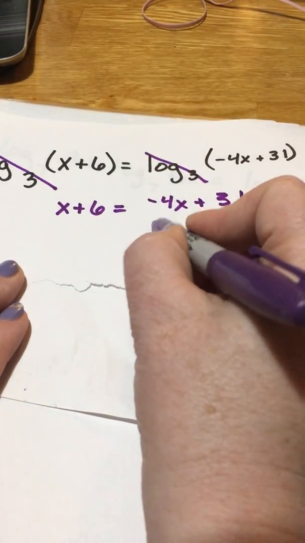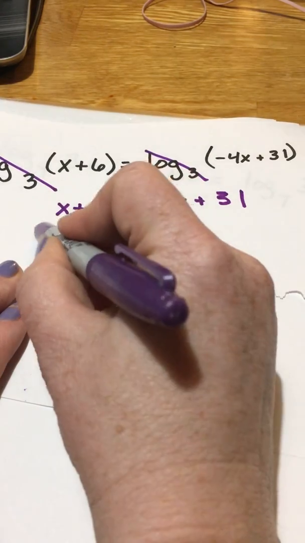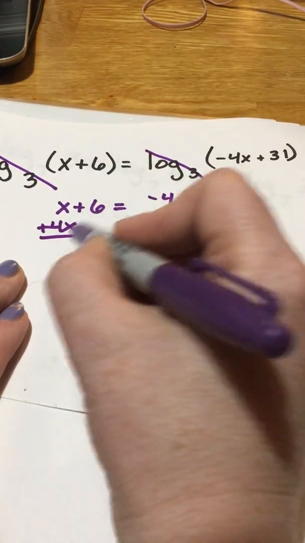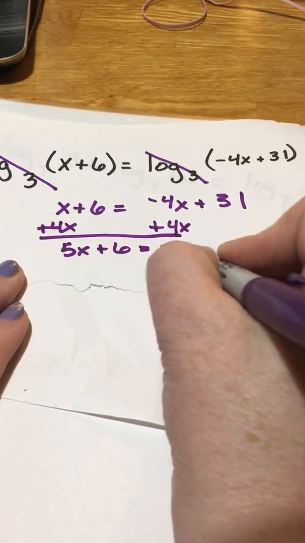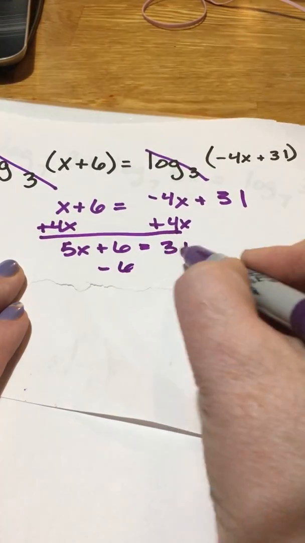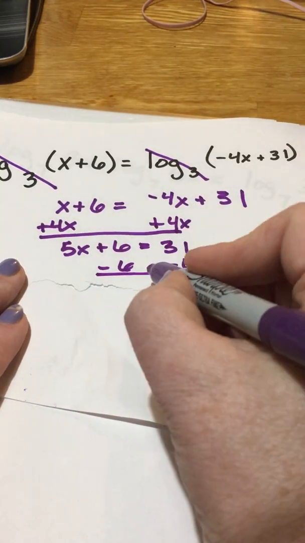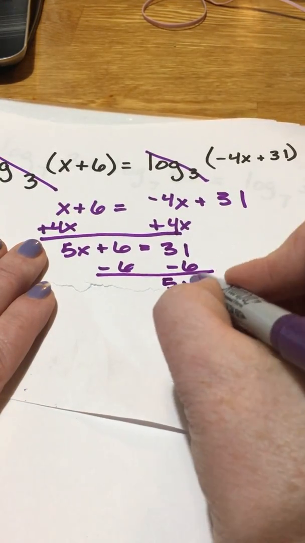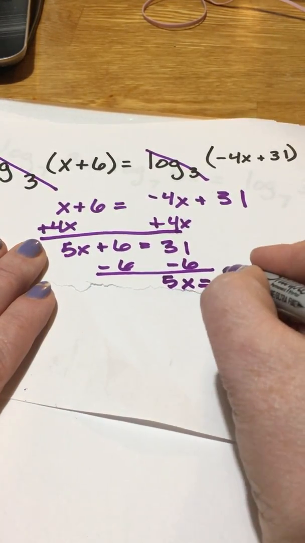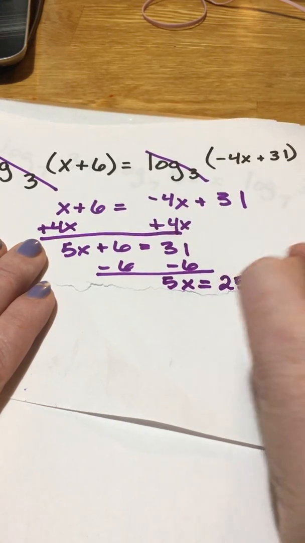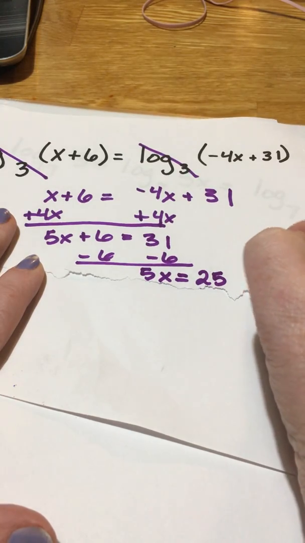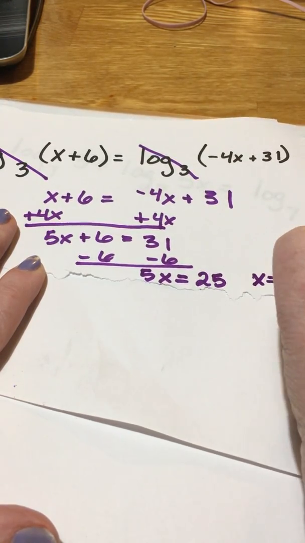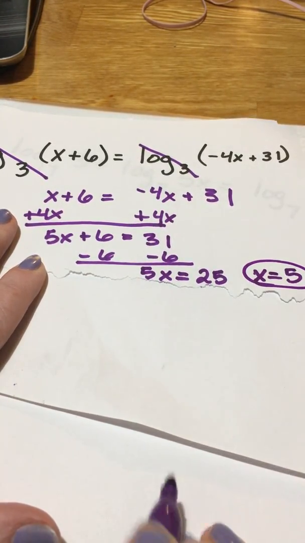Now you're solving. You can add 4x to both sides. Remember, you get your x's together. That's 5x plus 6 equals 31. Subtract 6 on either side. Now I'm left with 5x equals 25. And when I divide both sides by 5, I end up with x equals 5. Okay?